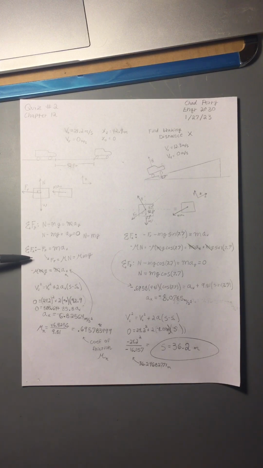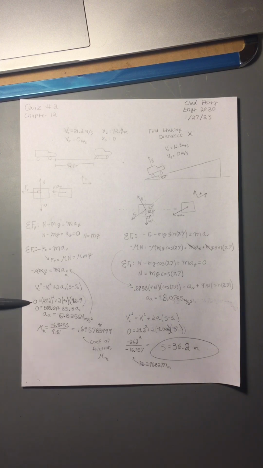So basically what we're trying to do here is solve for our coefficient of friction, mu k, so we can use that on the other ramp. And so basically we have this equation, but we still need the acceleration in the x direction. And so what I did was use our equations for constant acceleration. This is the equation here that I used.